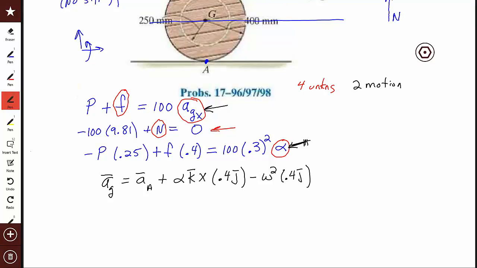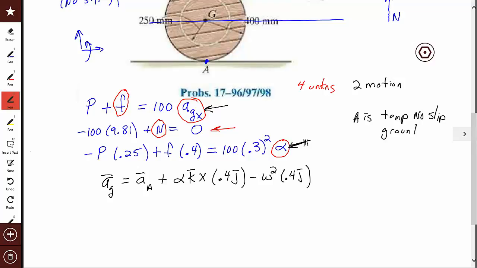Now, what do I know about the acceleration of A? And don't say it's 0. What you know about it is A is in temporary contact, no slip. That's what you assumed. There's no slip, right, that is rolling with the ground.